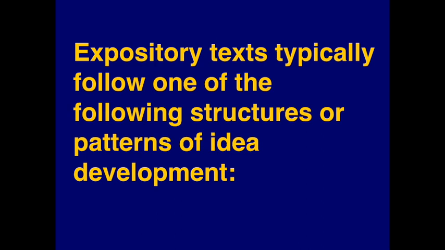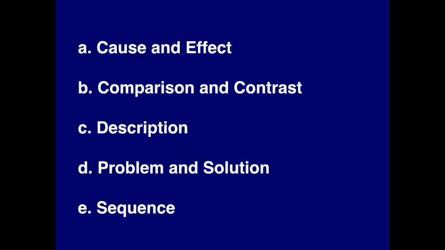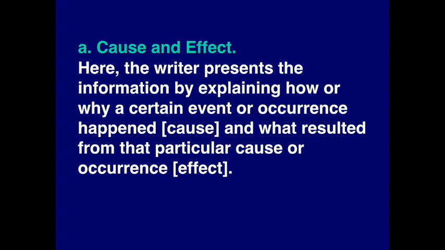Expository texts typically follow one of the following structures or patterns of idea development. We have A. Cause and effect, B. Comparison and contrast, C. Description, D. Problem and solution, E. Sequence. Cause and effect.